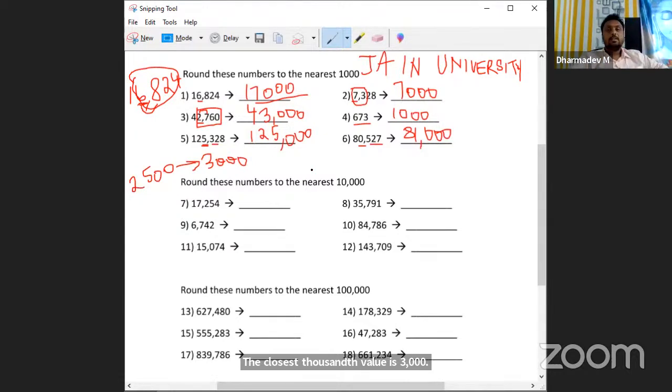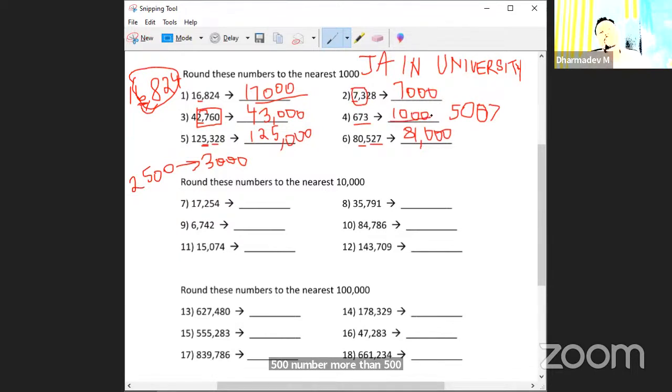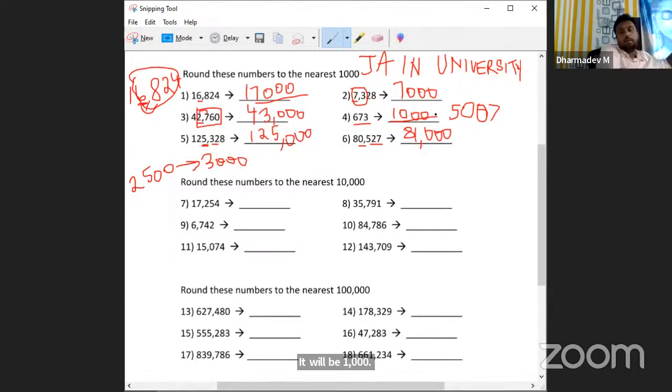Okay, next 673. Number more than 500. The nearest round of value will be 1,000. Are you clear with that?